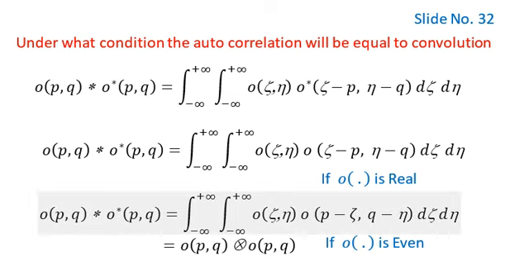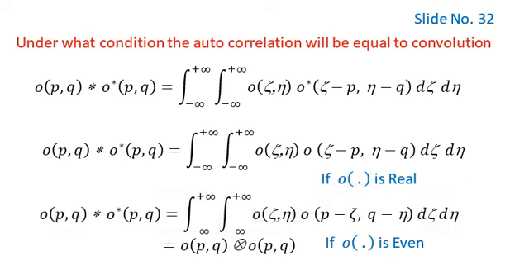And then you know that this last integral, the third integral, is nothing but the convolution integral. So we can write this simply as O at the coordinates p and q convolved with O at the coordinates p and q. So on the left hand side we have the autocorrelation function, and on the right hand side we have the convolution between the same two functions. And what conditions have we used?